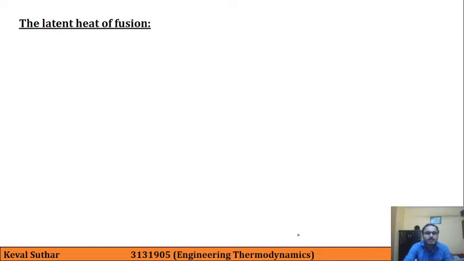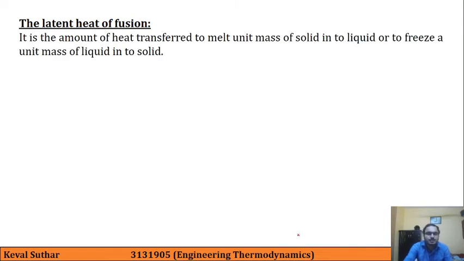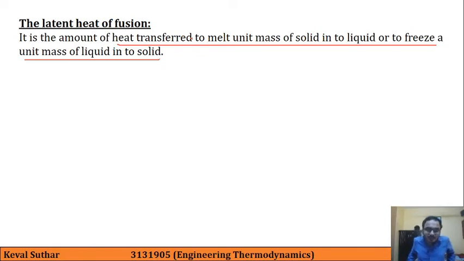First is latent heat of fusion. It is the amount of heat transferred to melt a unit mass of solid into liquid or freeze a unit mass of liquid into solid. So the latent heat of fusion deals with transfer of phase from solid to liquid.